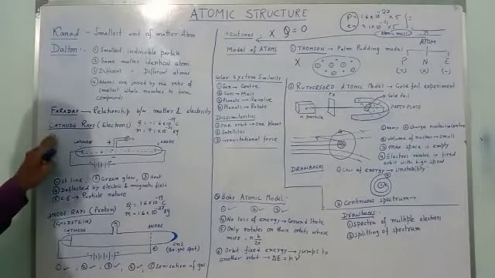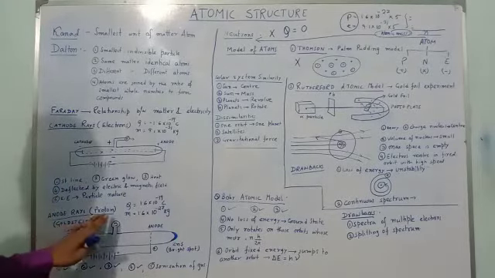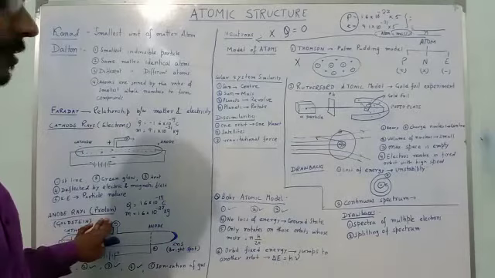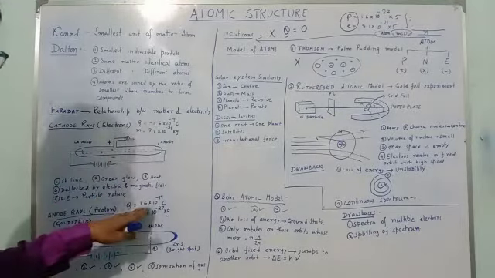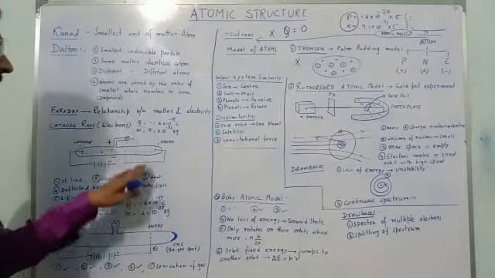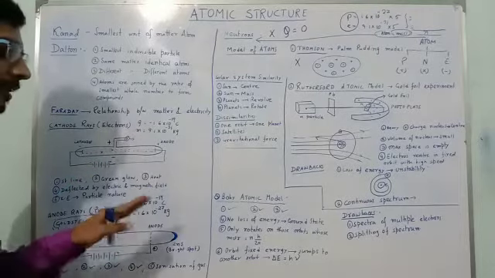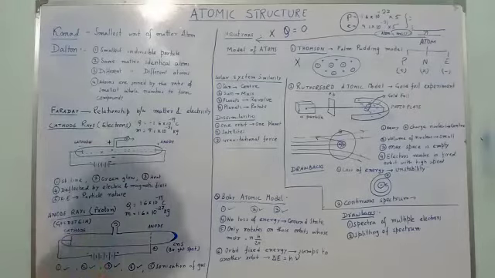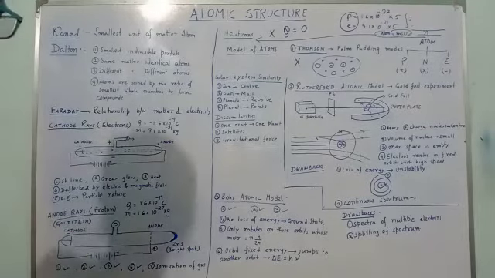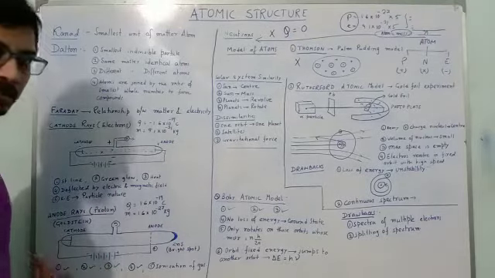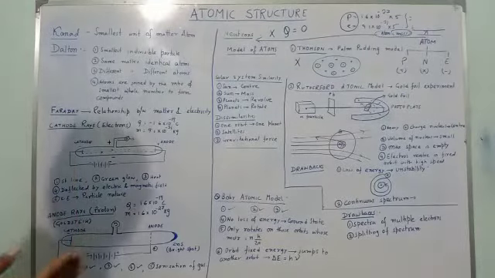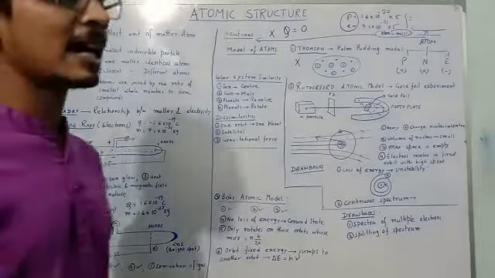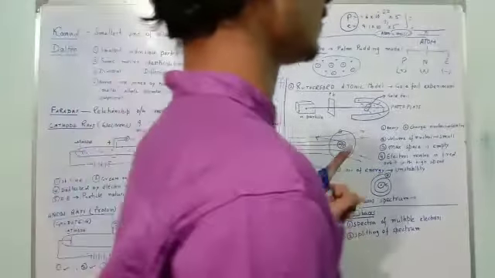So after cathode rays, anode rays or flow of protons was discovered, whose charge is similar to that of the electron but positive in nature, and the mass of the proton is 1.6 into 10 to the power minus 27 kg. These anode rays have very similar characteristics to cathode rays, except that anode rays are positively charged particles.